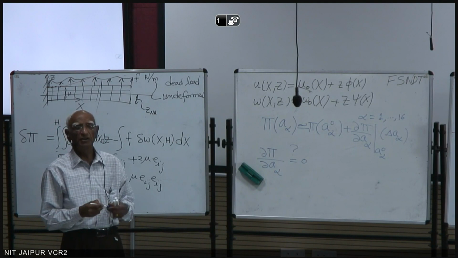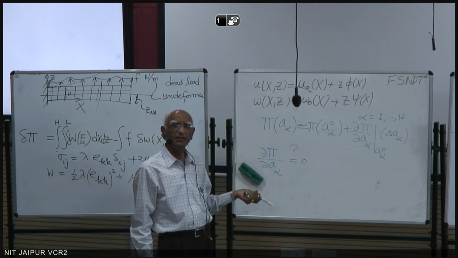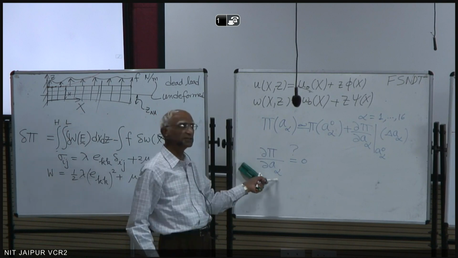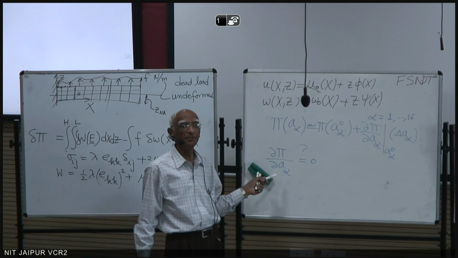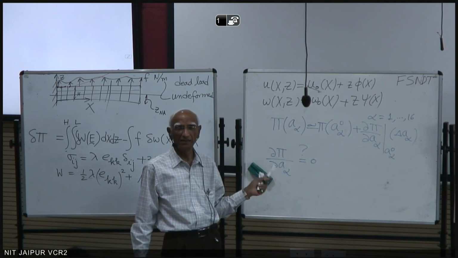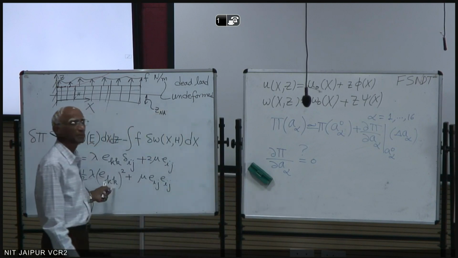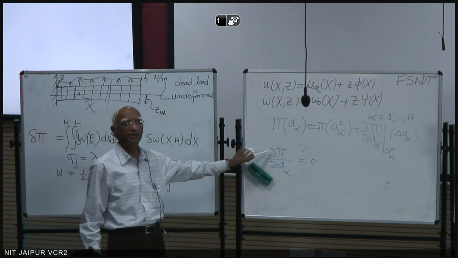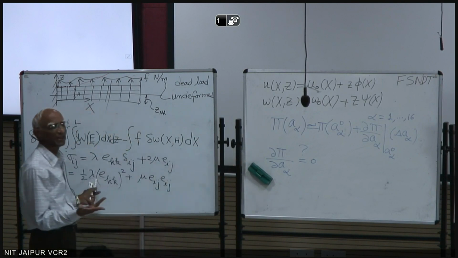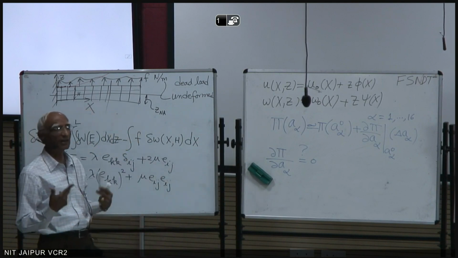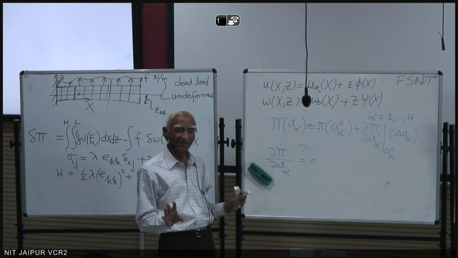This will again be 16 equations because you are differentiating with respect to A1, A2, A3, A4 up to 16. Right? If you are doing a linear problem, these 16 equations will be linear in A, because pi will be quadratic in A, and if you differentiate, you will get linear in A. So linear equations are not hard to solve.